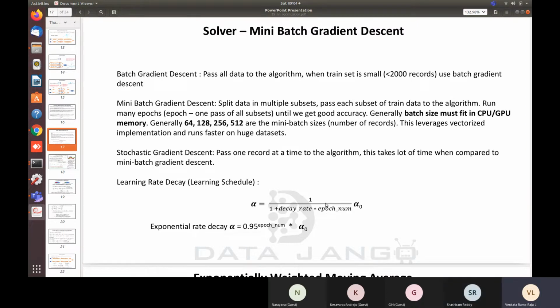With batch gradient descent, when you pass all the data at once, the curve may be smoother and the convergence may be faster. But in deep learning models, the curve is not smoother. Whether you pass whole data or part of data, it's going to be zigzag only. It may get stuck at local minima.